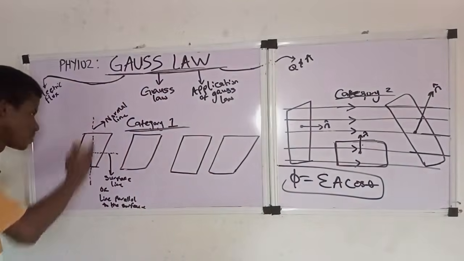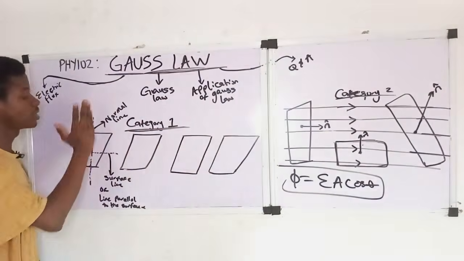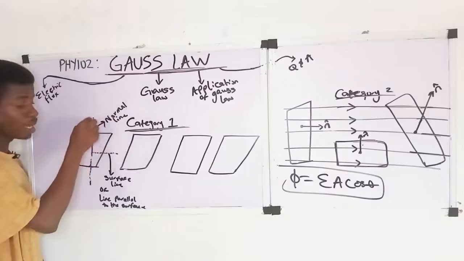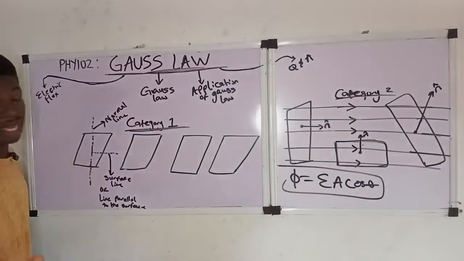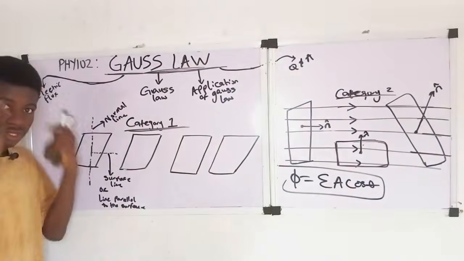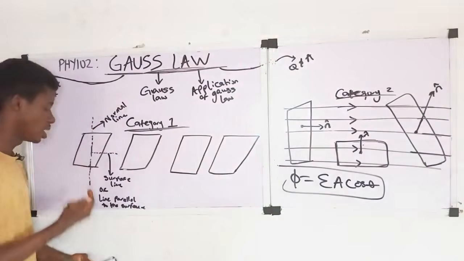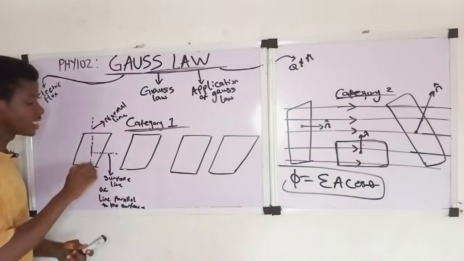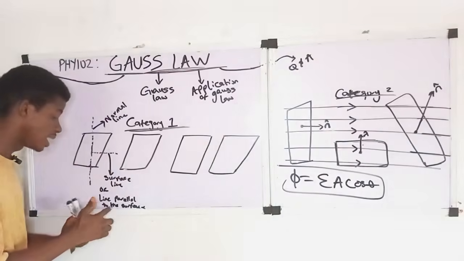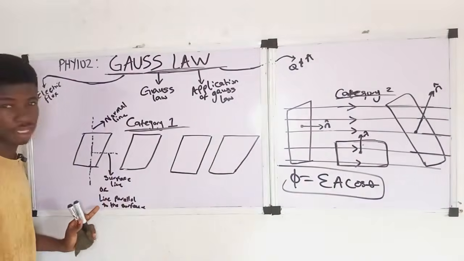Look, this is the surface. The normal line is usually perpendicular to the surface. I want you to take note of this. Then you see this other line here, known as the surface line, or the line parallel to the surface.